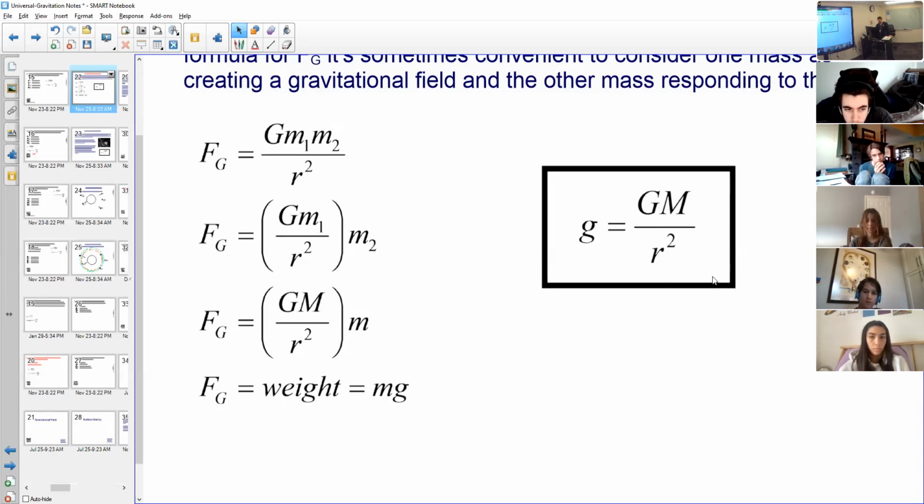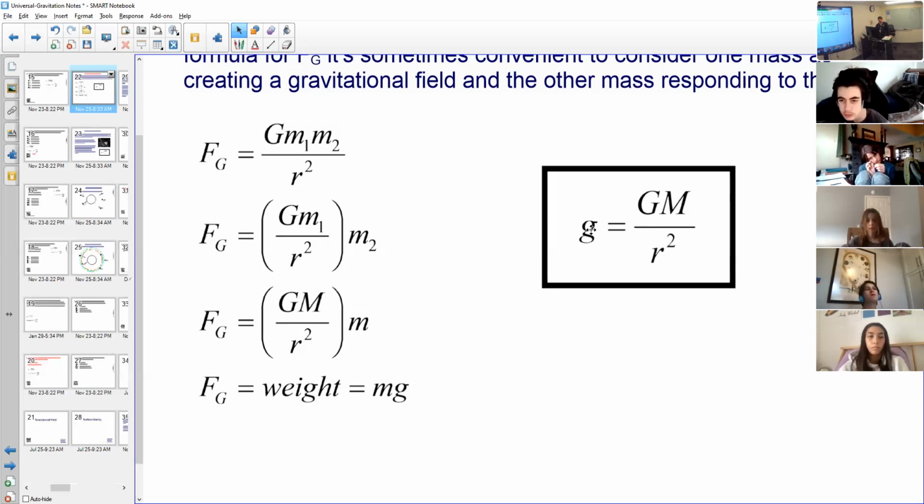Oh, double. If this is 2, if we double this, 2 squared is 4. So the value of g doesn't get divided by 2, it gets divided by 4. Yeah, so if we double this, that means g would be 1/4. The acceleration would be 1/4.